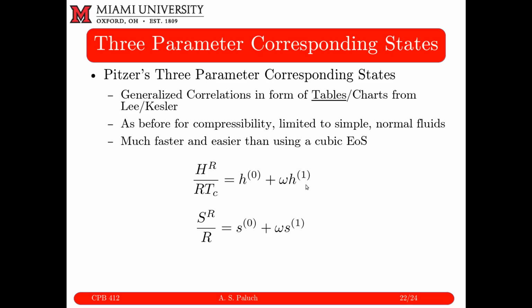As long as you know your critical temperature, pressure, and acentric factor, along with your temperature and pressure of interest, you can use that to estimate your residual enthalpy and entropy at those conditions.